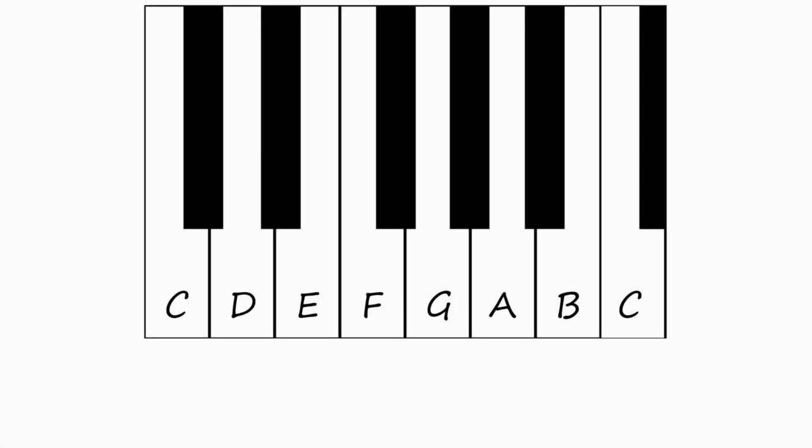Okay, so what makes the major scale sound major? It's because of the relationship between the notes. They have a famous pattern: whole, whole, half, whole, whole, whole, half. So if you keep that relation, you are actually playing the major scale.